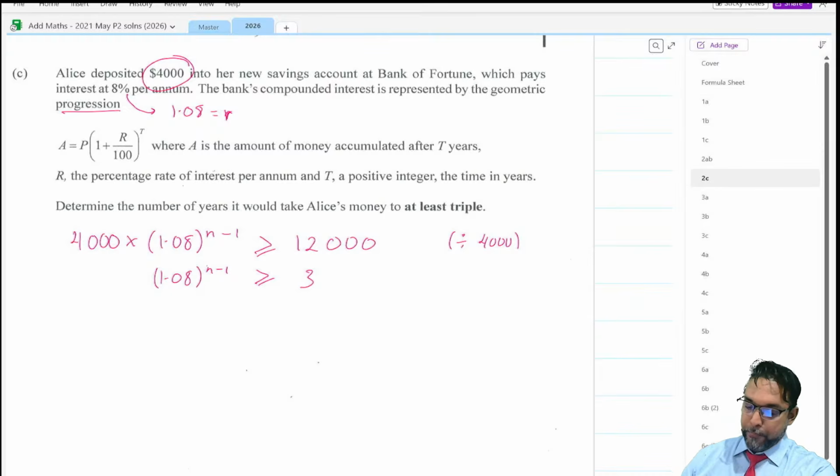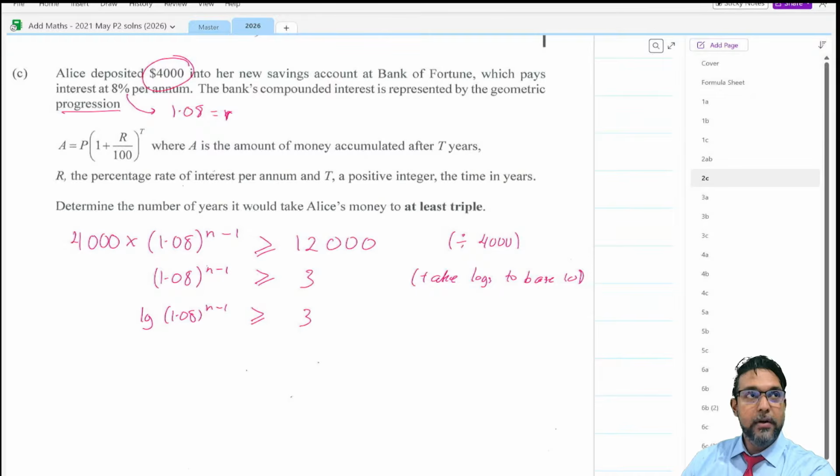I did 12,000 divided by 4,000 is equal to... Is it like 15? That might be, yeah.